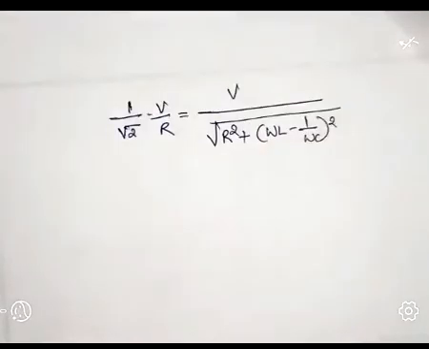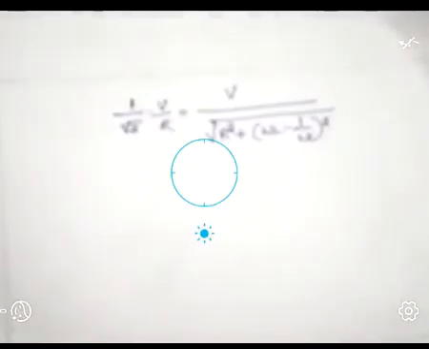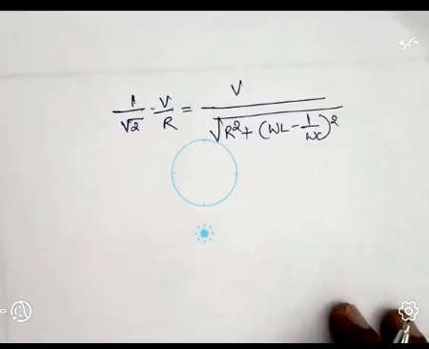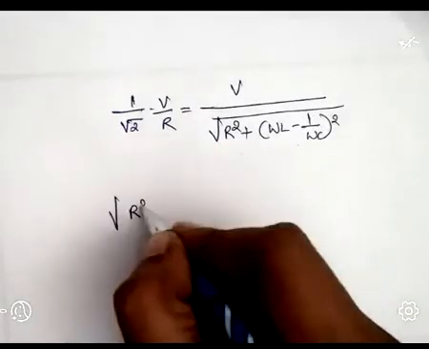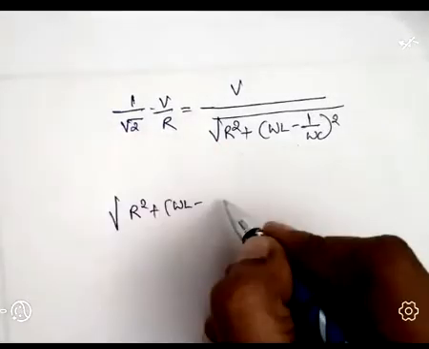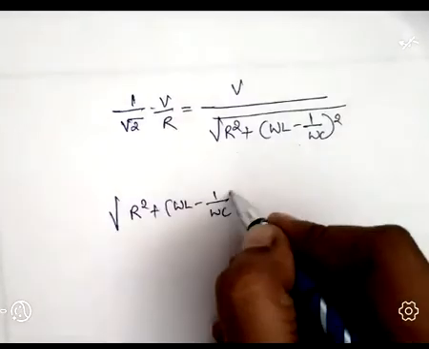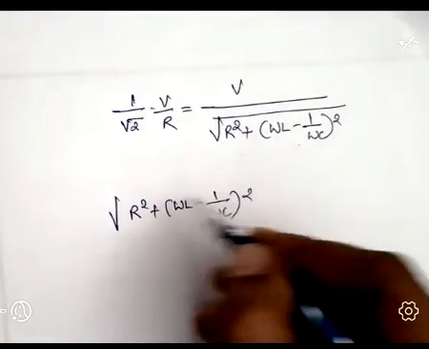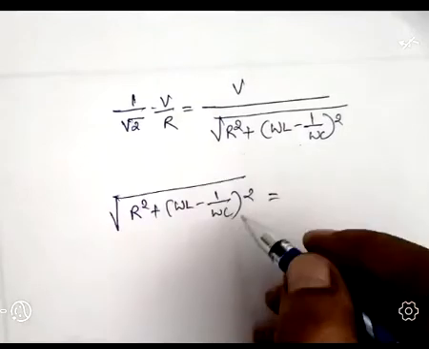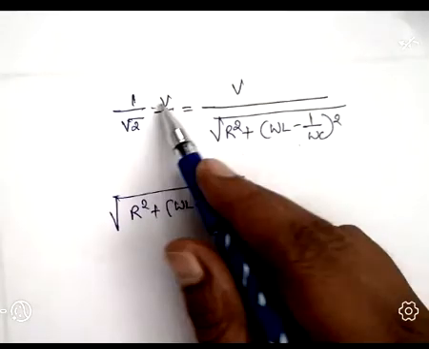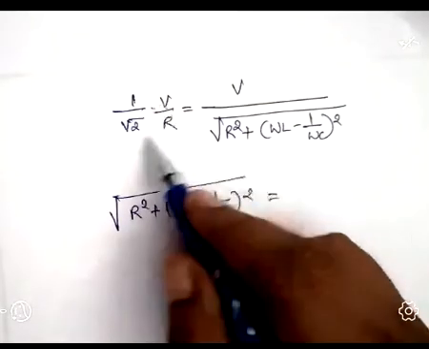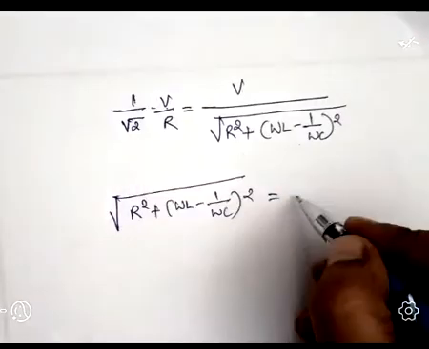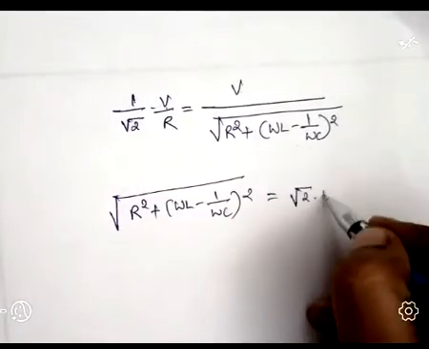Do the simplification. I will take this LHS side: square root of R square plus omega L minus 1 by omega C whole square is equal to, V gets canceled, this denominator term will go to the numerator, that is square root of 2 into R.